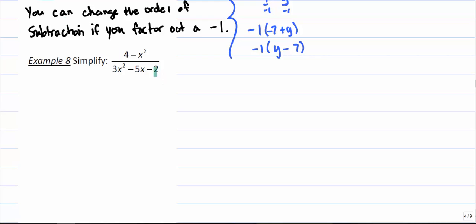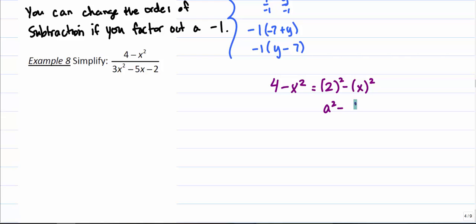So, the last example I have here, let's see. The numerator is 4 minus x squared. Well, 4 minus x squared is the same thing as 2 squared minus x squared.